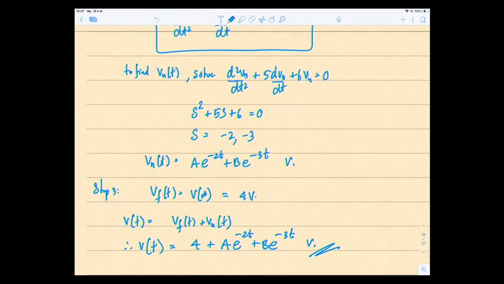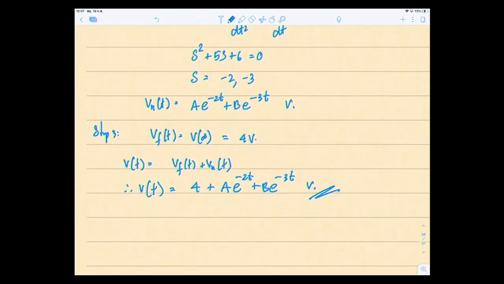And then step 4, or no, this is step 4, and step 5 you have to find the constants a and b using the initial conditions that you have found in step 1.